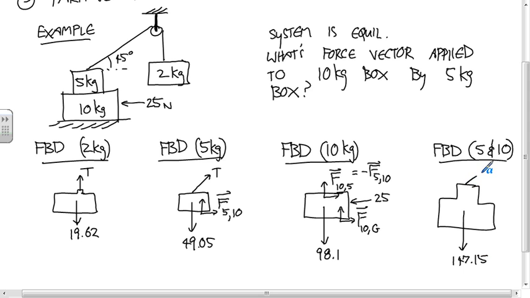We have the tension. We have the 25 newtons. What about the contact force between these two? That's not in there because it's not on the boundary. So those are internal loads. And then, yep, down here, this is the same force as this one. So this is the force on 10 by the ground.